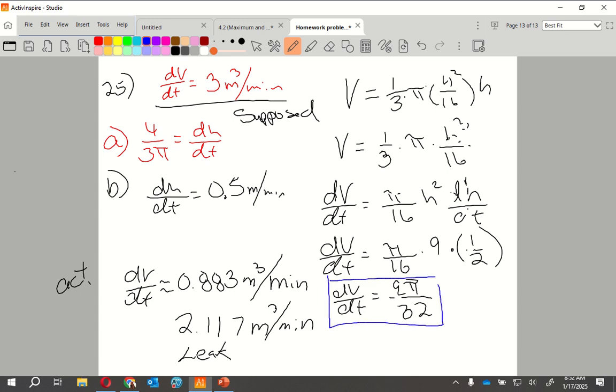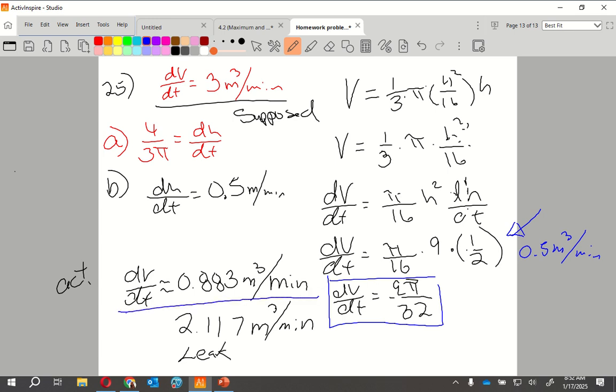That 9 pi over 32 is my dV/dt. This is when I plug in my 0.5 meters cubed per minute, right? So that's the new value. This is the actual value that we got. I approximated this to be this right here.